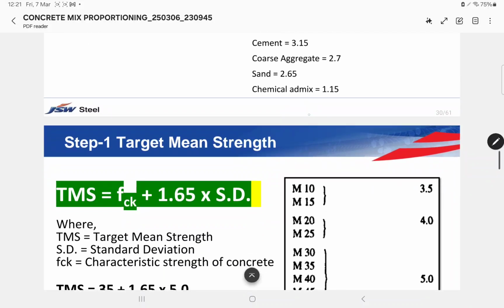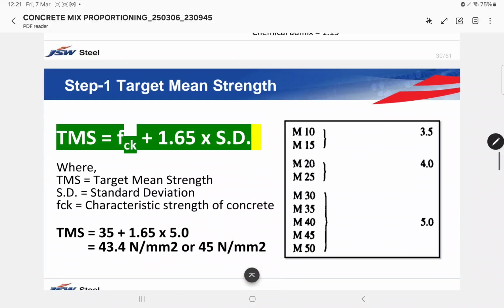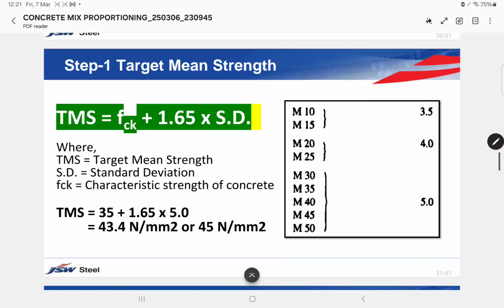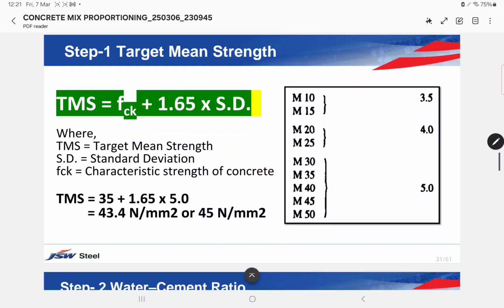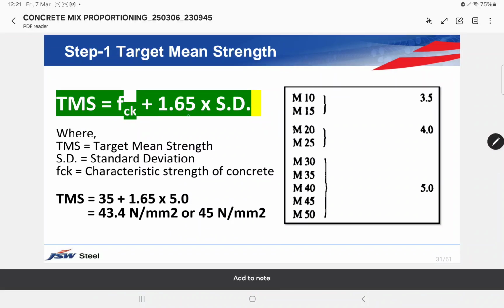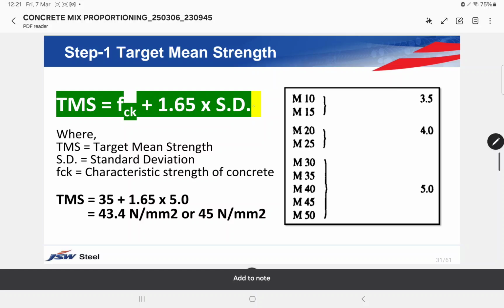So step one is to calculate the target mean strength of concrete. FCK we know, it is a constant. The only thing we need to find out is the standard deviation. IS 456 gives the values of standard deviation for different grades of concrete.